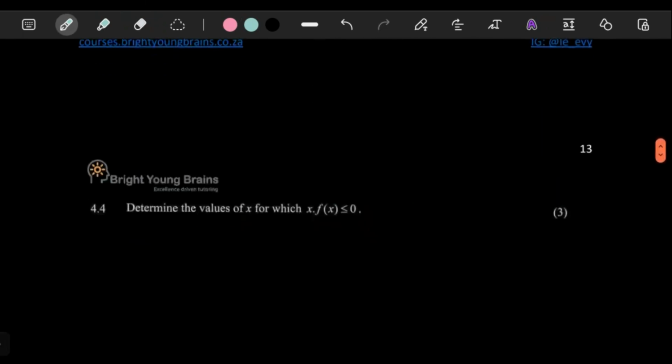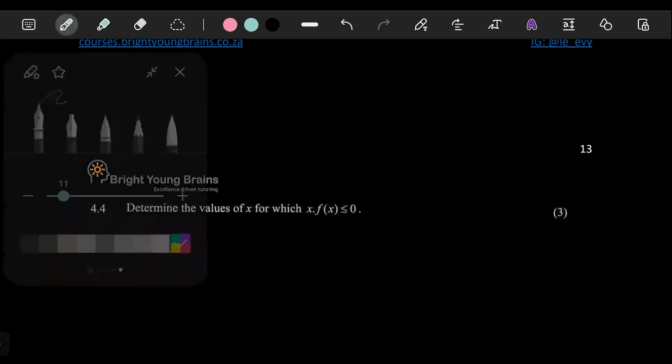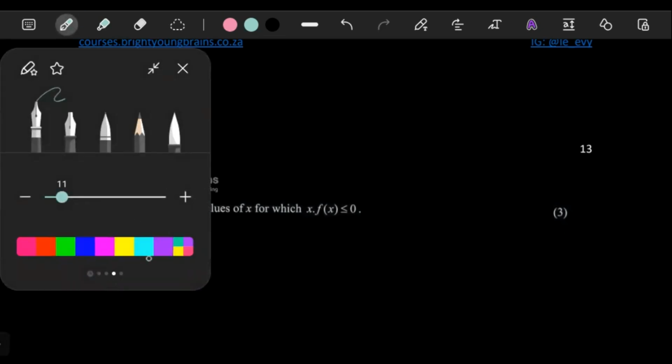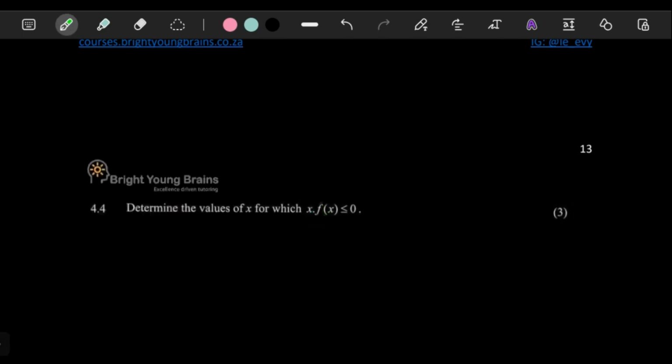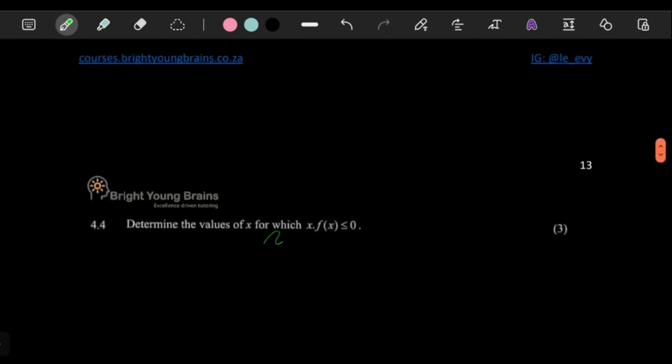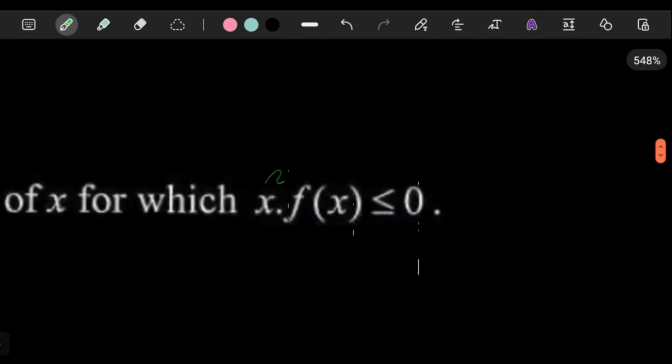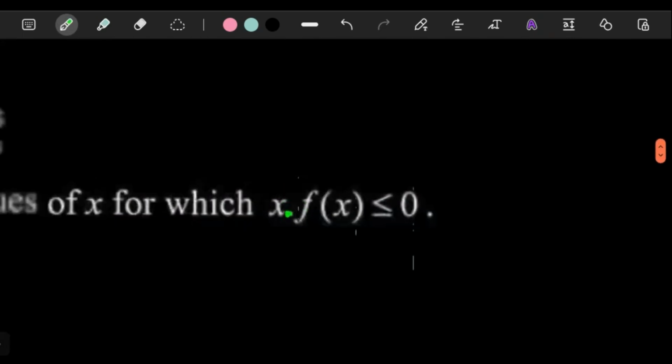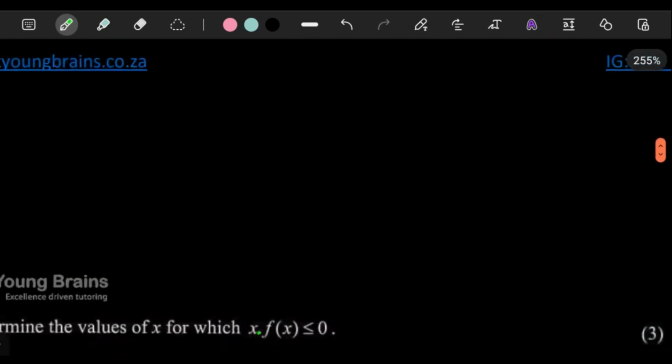4.4 says determine the values of x for which this is smaller or equal to 0. With questions like these, the one thing I've always said is you need to know what these expressions mean. Determine the values of x for which x times f of x is smaller or equal to 0.